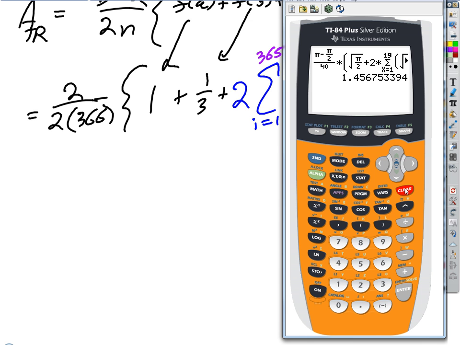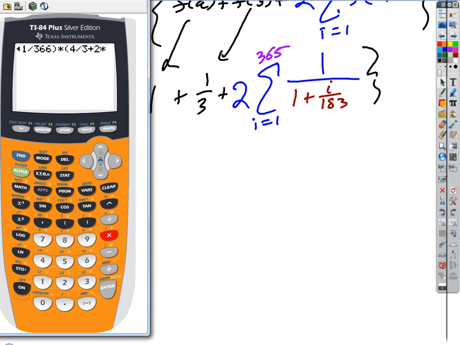I'm not going to be fancy with the fraction template. I'm just going to use parentheses, it's quicker. 1 divided by 366 times quantity, right? 1 plus 1/3 is 4/3, plus, now what? 2 times, how do I do the rest of this?